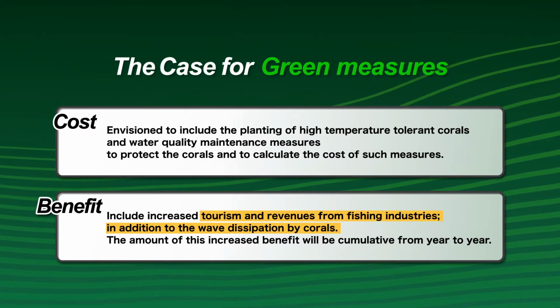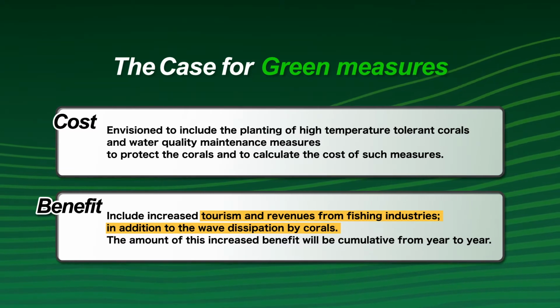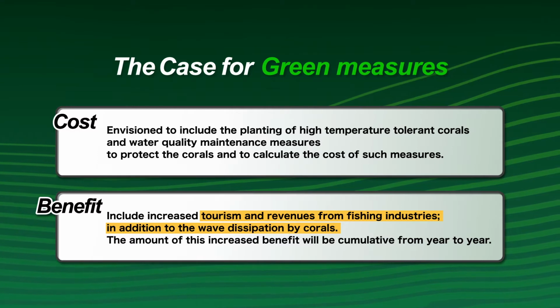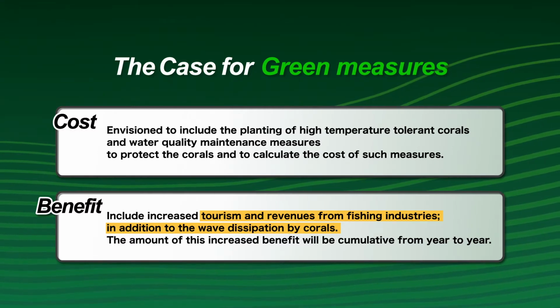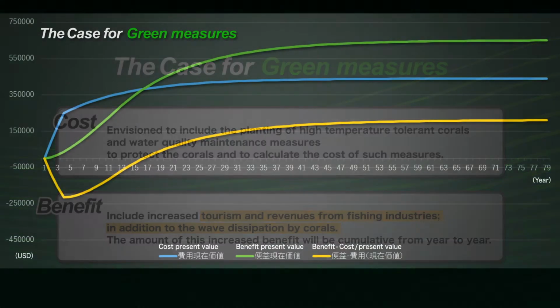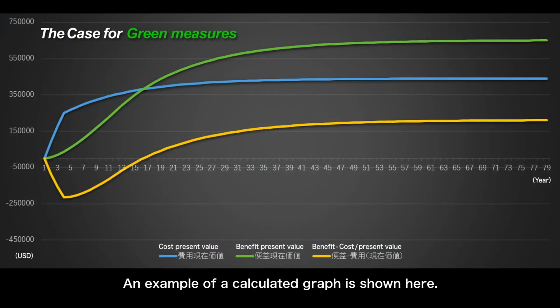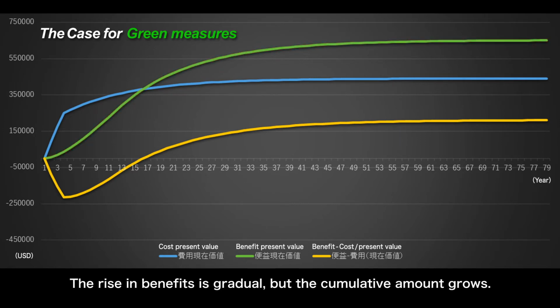The amount of this increased benefit will be cumulative from year to year. An example of a calculated graph is shown here. The rise in benefits is gradual, but the cumulative amount grows.